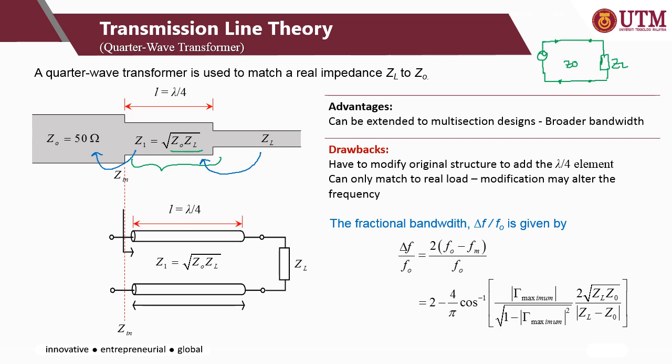The characteristic impedance of the quarter wave transformer or λ/4 transmission line is Z1. In this case, Z0 is 50 ohm, and ZL is the value here.